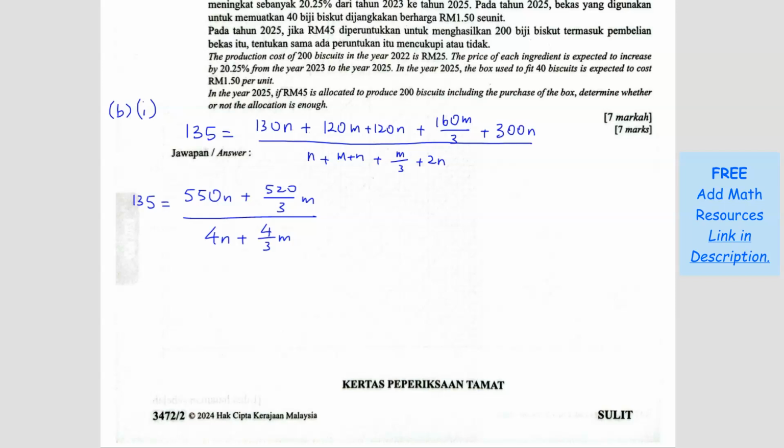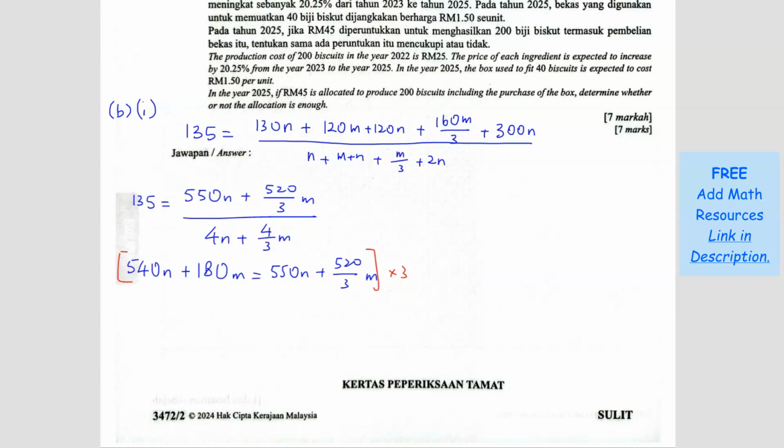So I'm going to bring this up here to multiply. What I'll get is 540n plus 180m equals 550n plus 520 over 3 m. Because I have a fraction here, I'm going to take the whole equation times 3 so that there's no more fraction.